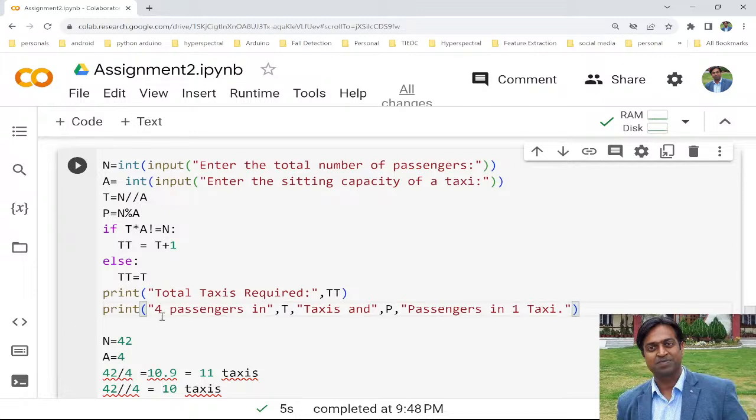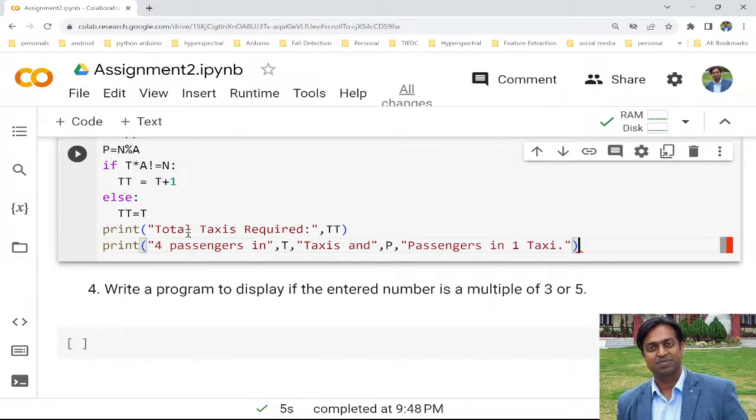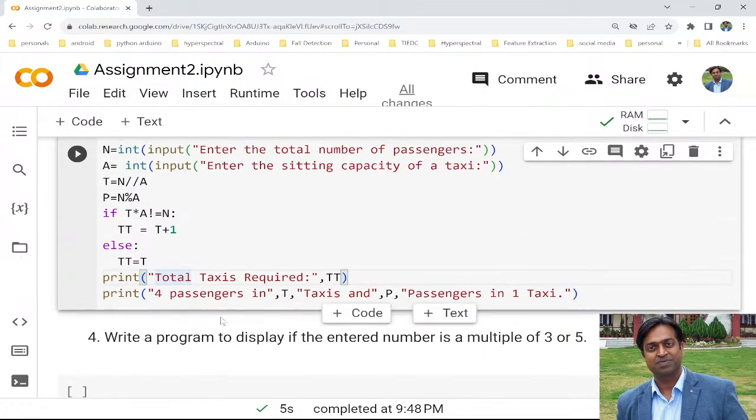Okay, so over here, let me delete this. First I print total taxis required, it will be TT. TT gives us the total number of taxis, and then I display the distribution: 4 passengers in T taxis, means this number, right? And P passengers in one taxi, so whatever is over here.